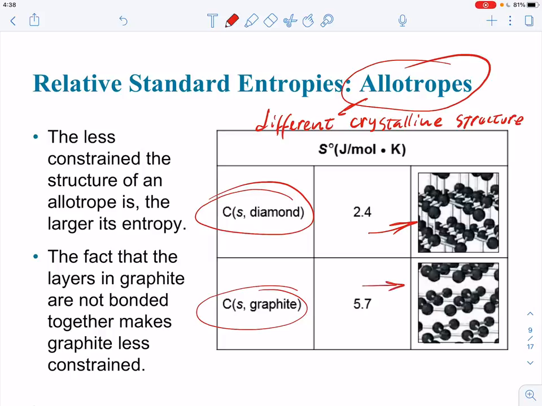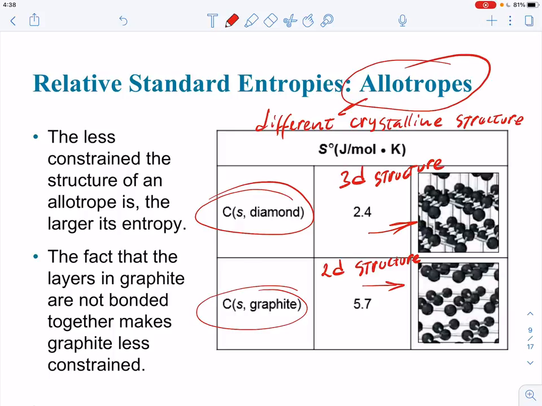However, for graphite, that structure resembles more like sheets of paper on top of each other. So it's a crystalline structure, but if we call diamond a 3D crystalline structure, graphite is more of a 2D structure. It's just a sheet of atoms, and as such they can move on top of each other.